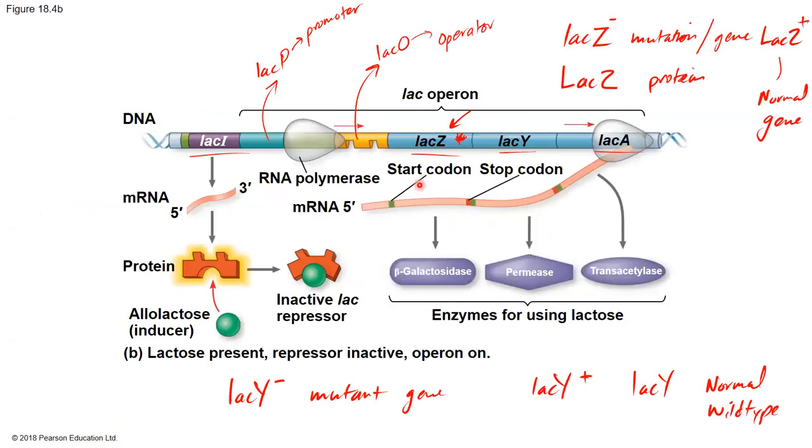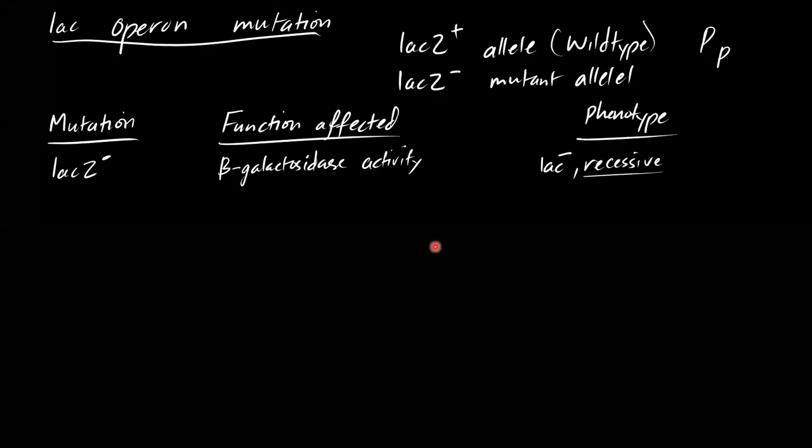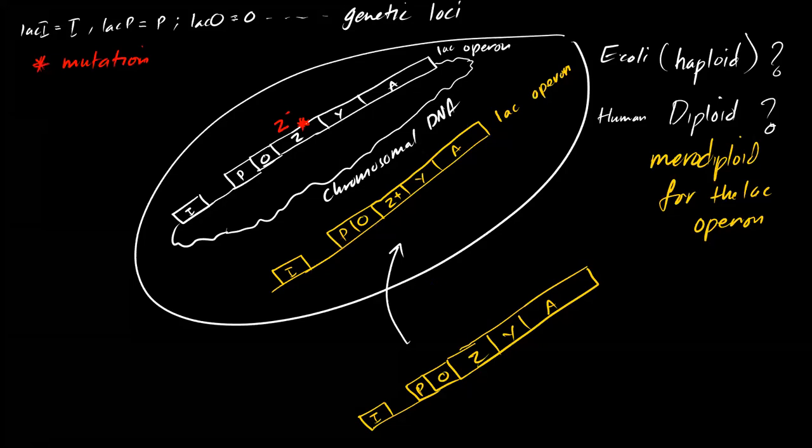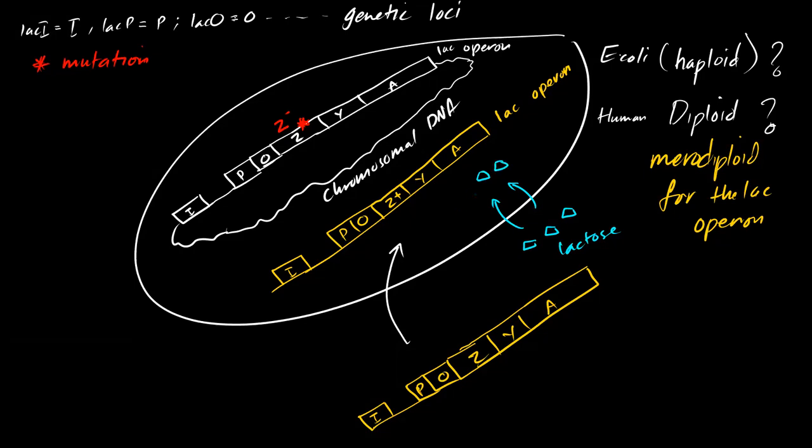What's the function of the lac Z? To produce beta galactosidase. What's the function affected if there's a mutation, lac Z minus? The beta galactosidase activity. So if we add lactose to this bacteria, the lactose will enter the cell. What will happen to the lactose inside the cell?